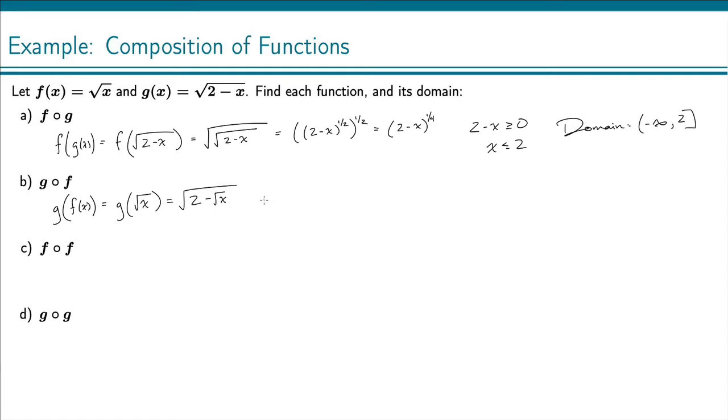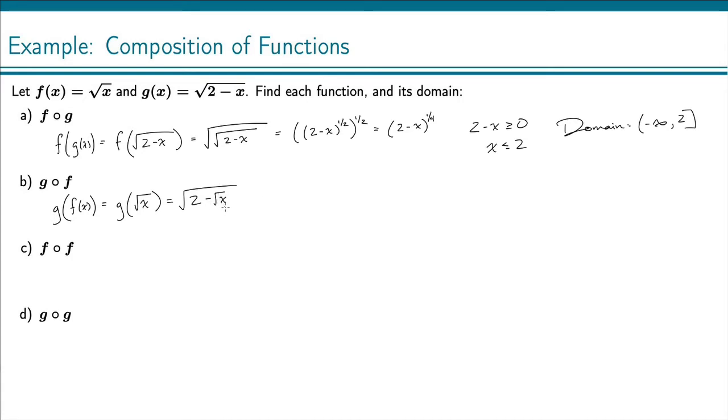Now, as far as simplification, there's really nothing we can do here because we have a square root, but then it's being subtracted from something underneath the square root. And there's really not an easy way to combine or, say, simplify a square root of a sum or a difference. So we'll go ahead and leave it in this form, but then we need our domain.